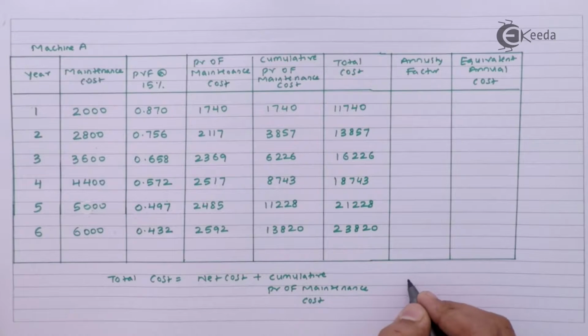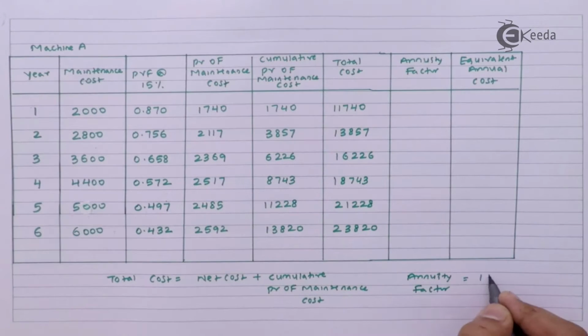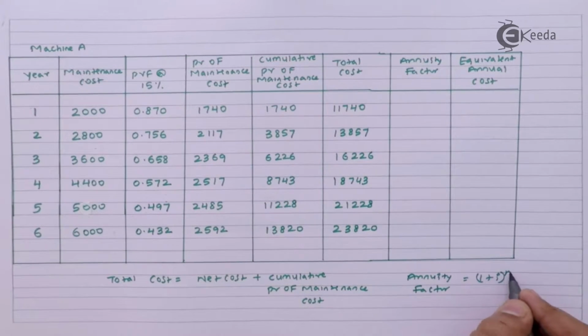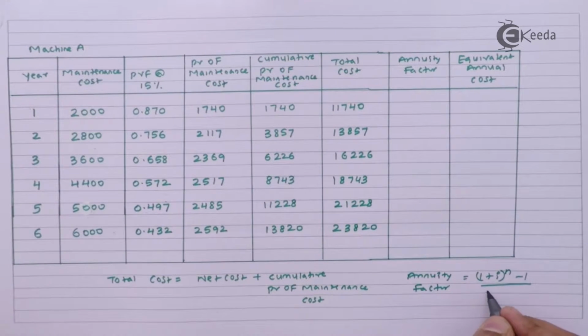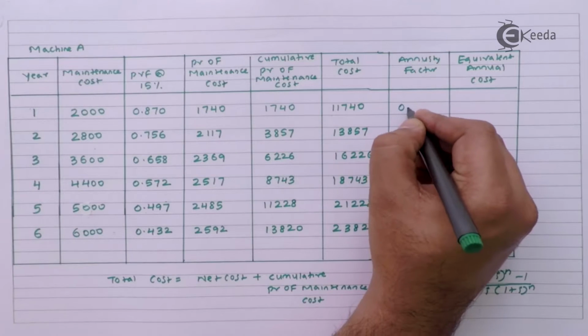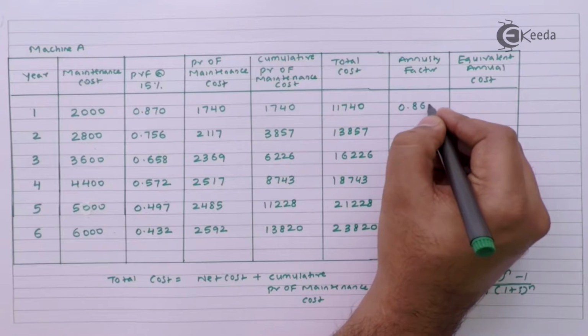To get the annuity factor, we have got the formula (1 plus i) whole raised to n minus 1, upon i times (1 plus i) whole raised to n. So in the first year it will be 0.8695.